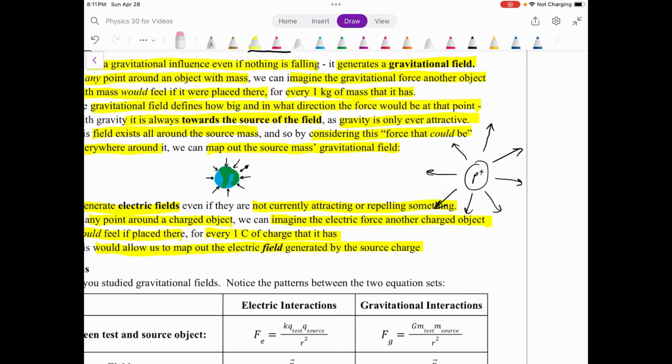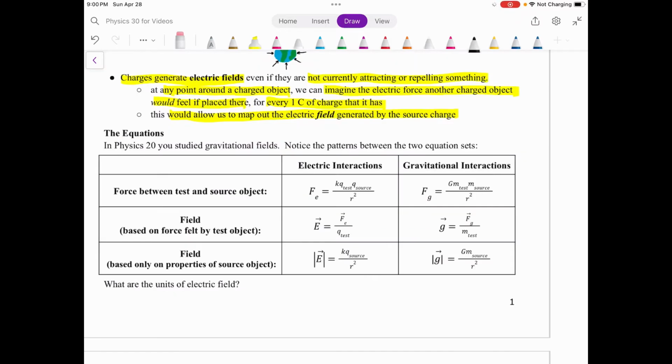All right, so as we keep mentioning, in Physics 20, you studied gravitational fields. We're taking a look at the equations here now, and look, the similarities just continue. Look how similar the equations are between electric field interactions, forces and fields for electricity, and for gravity.